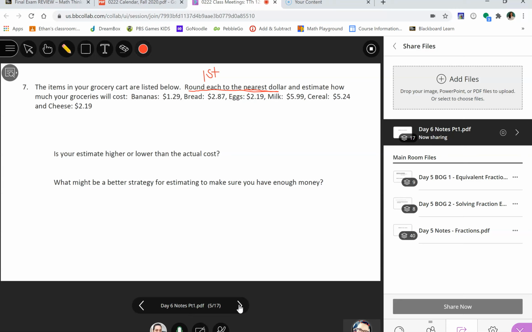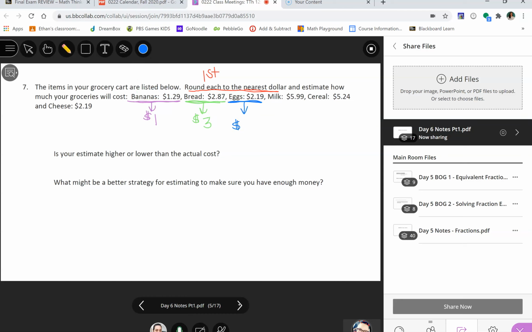So let's look at bananas here. If I round that to the nearest dollar, I'm going to get $1. Okay, then we go to bread. $2.87. That's going to round up to $3. Then we go to eggs. $2.19.